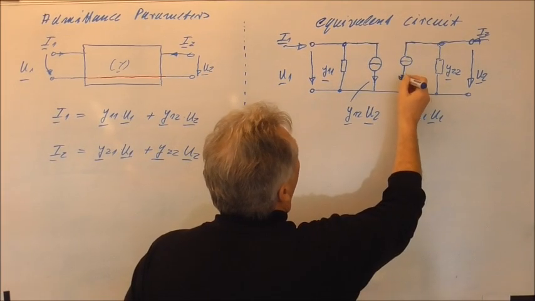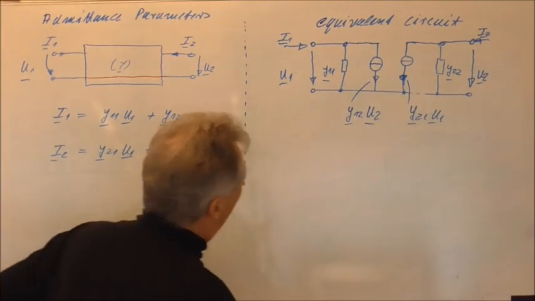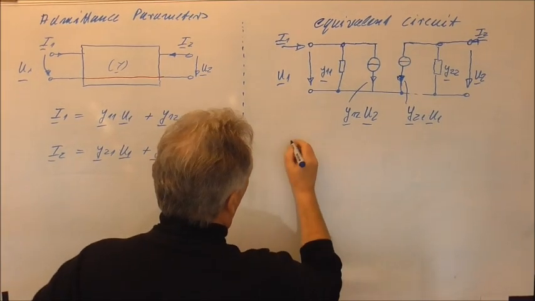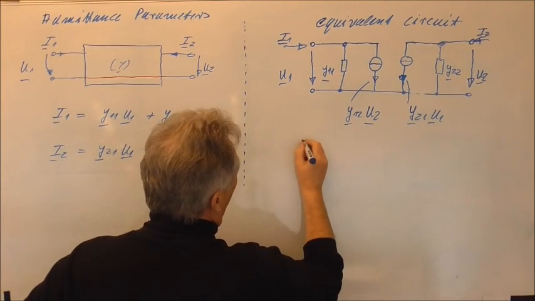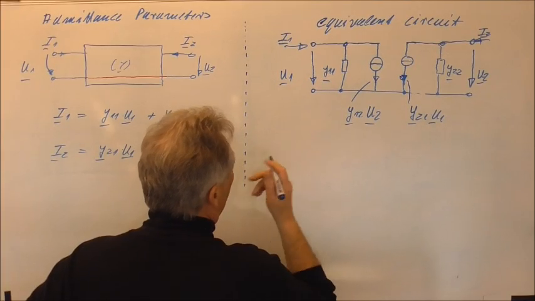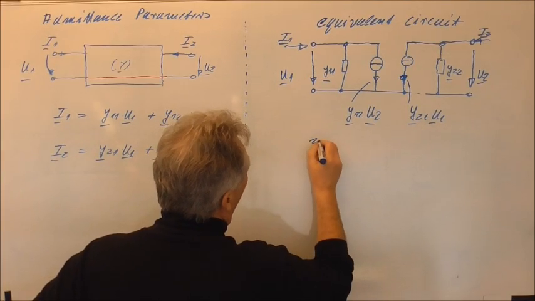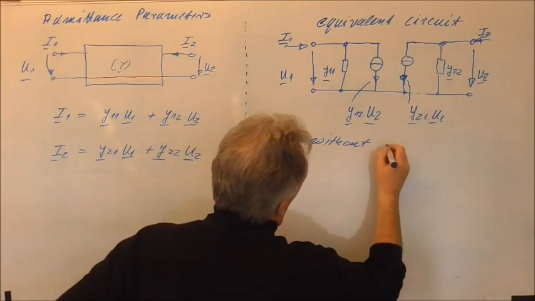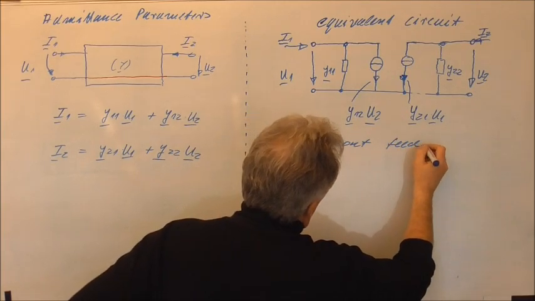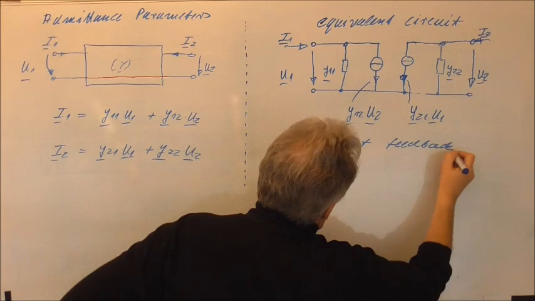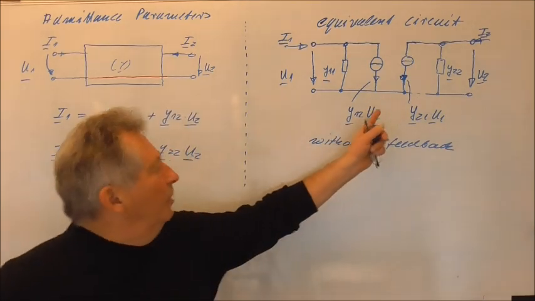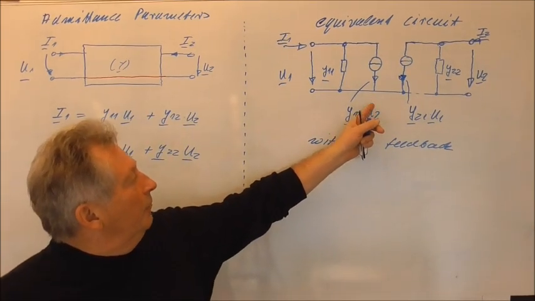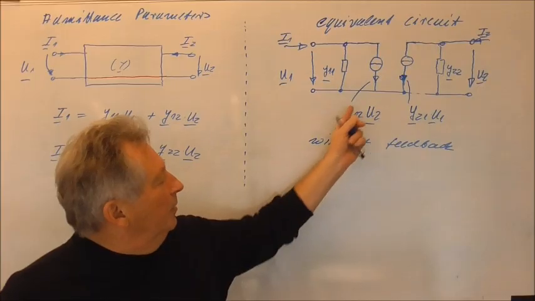So perhaps I also draw here, for example, the equivalent circuit for a BJT without feedback. So if we would have no feedback or internal feedback, then we will not have any influence of the output onto the input.